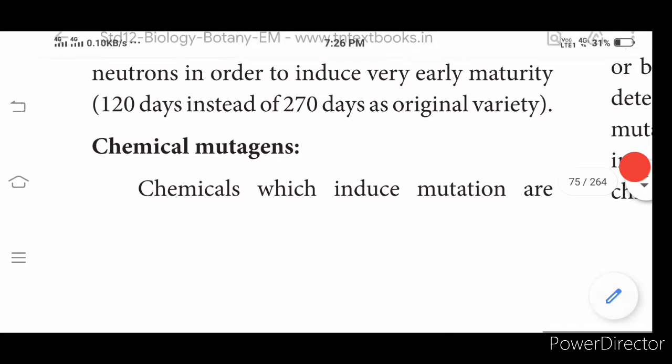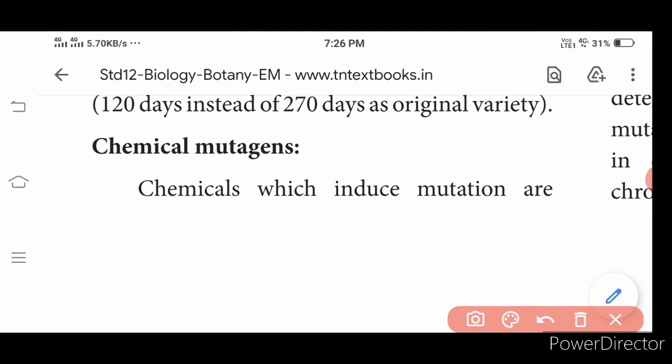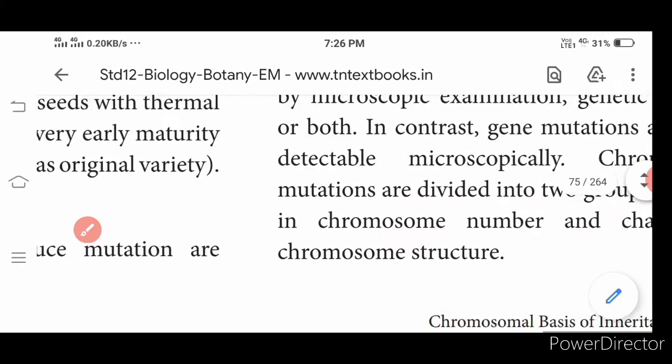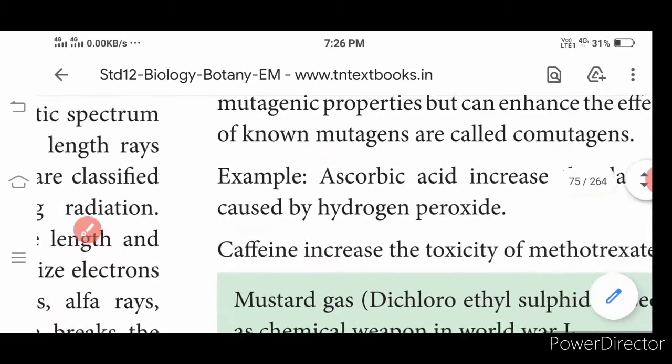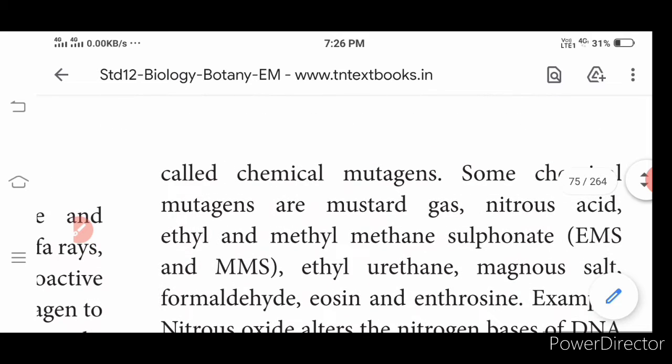Next we have chemical mutagens. Chemicals induce mutation. The chemical agents which bring about mutation are called chemical mutagens. Some chemical mutagens are mustard gas, nitrous acid, ethyl methane sulfonate (EMS), and methyl methane sulfonate (MMS).